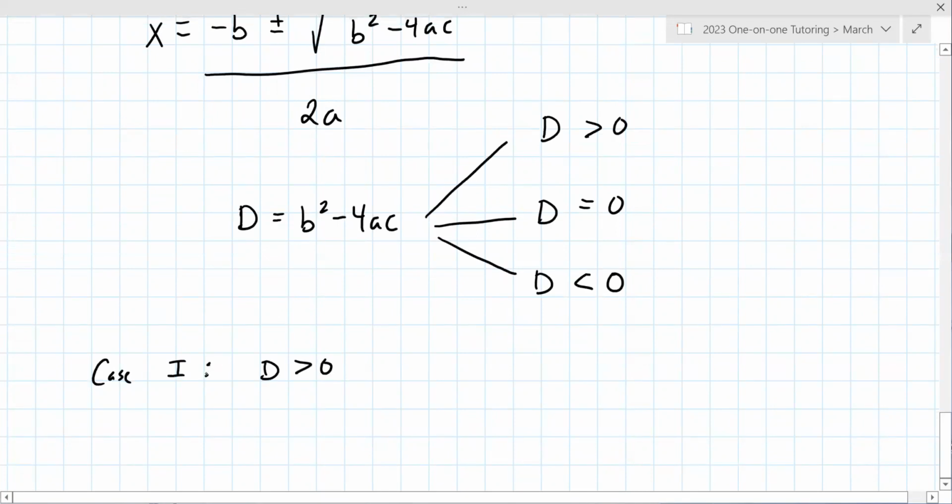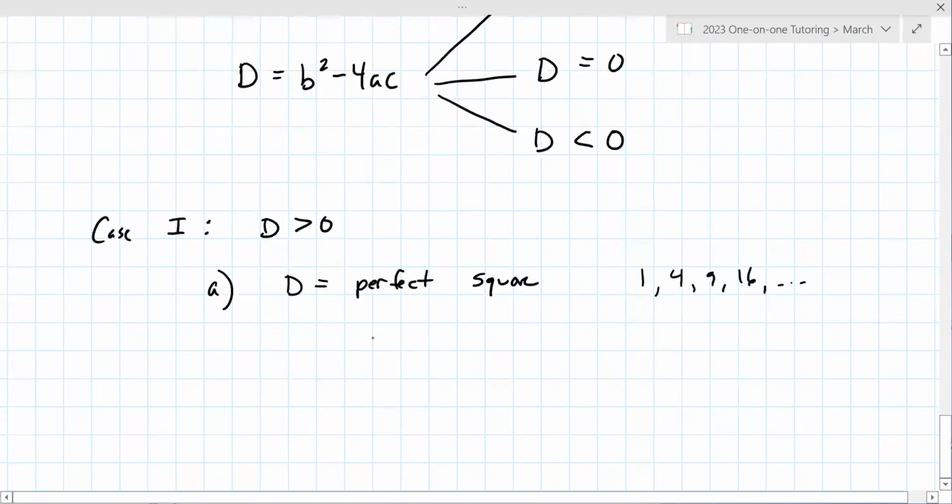The sub case here is that the discriminant is a perfect square. What do I mean by that? It ends up being like 1, 4, 9, 16, and so on. And what that does is produce 2 real rational solutions.